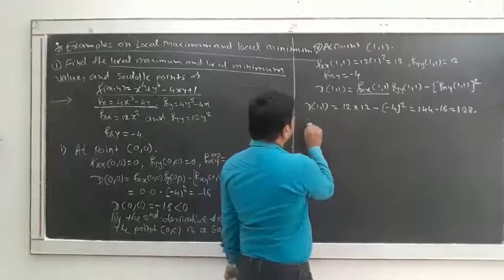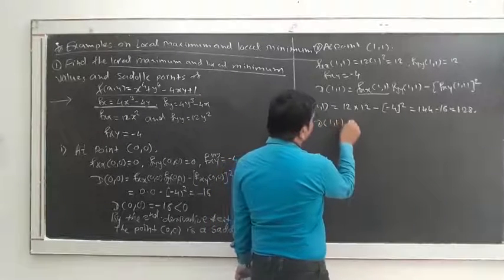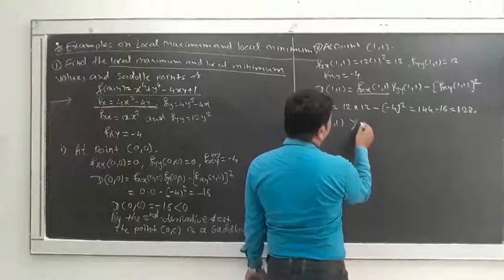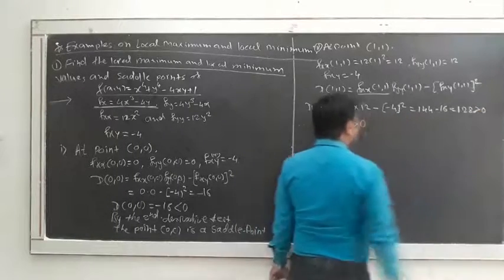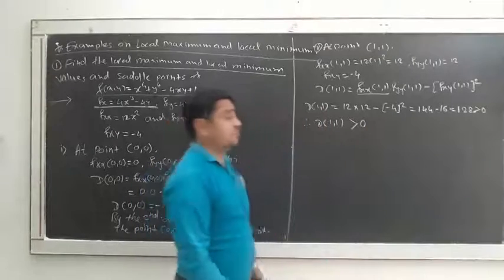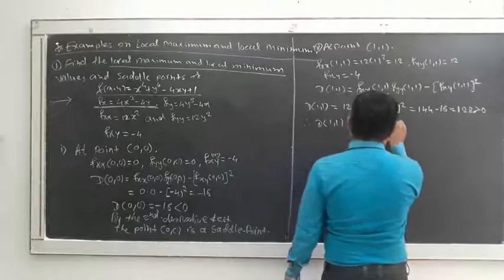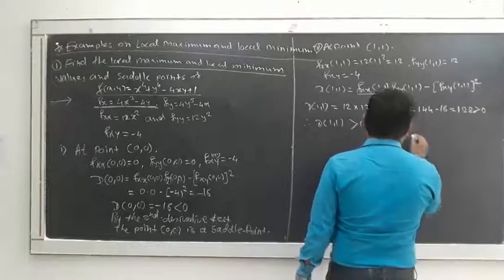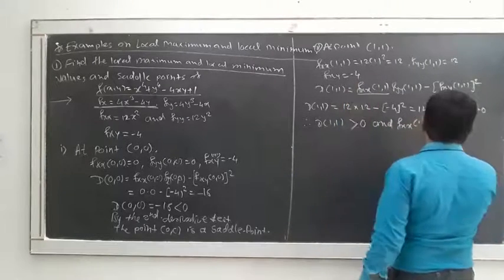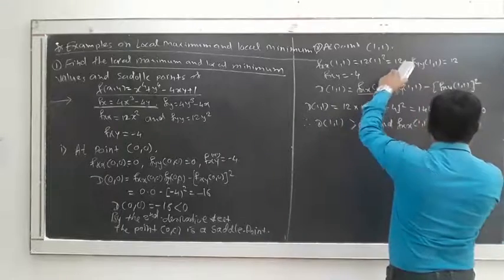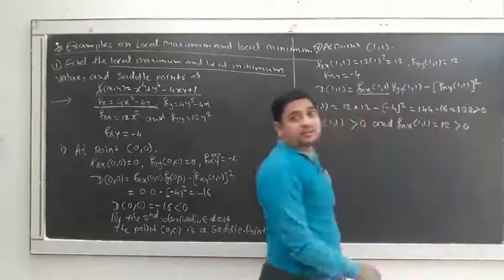So D(1, 1) is greater than 0. And what is our fxx at (1, 1)? It is 12 and it is positive, so it is greater than 0.